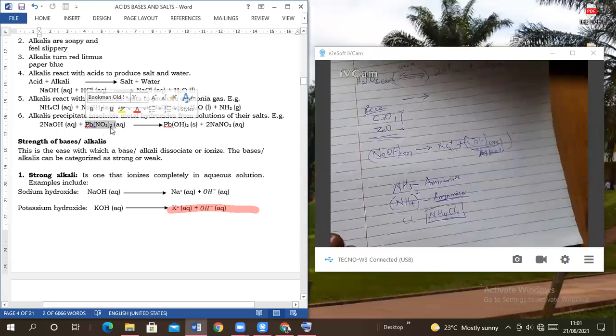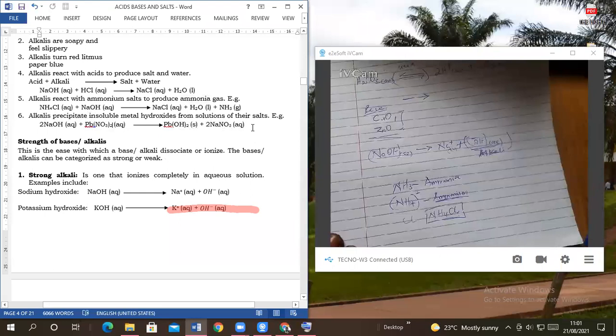Lead nitrate is soluble. All nitrates are soluble in water. We shall look at them when we reach that part of salts. We are going to show you how salts dissolve. When you add this dropwise until the two react, you get lead hydroxide, which is a solid. This one is insoluble, and then sodium nitrate.